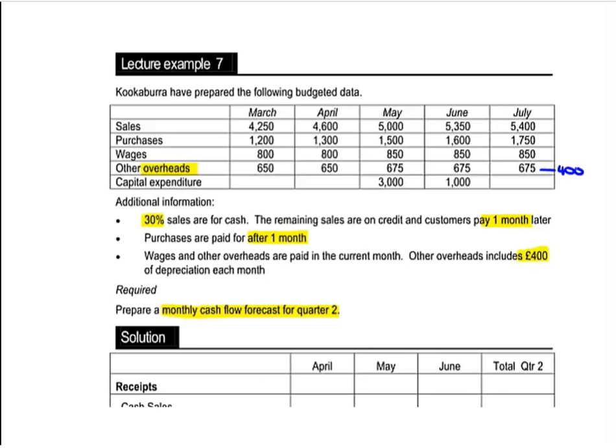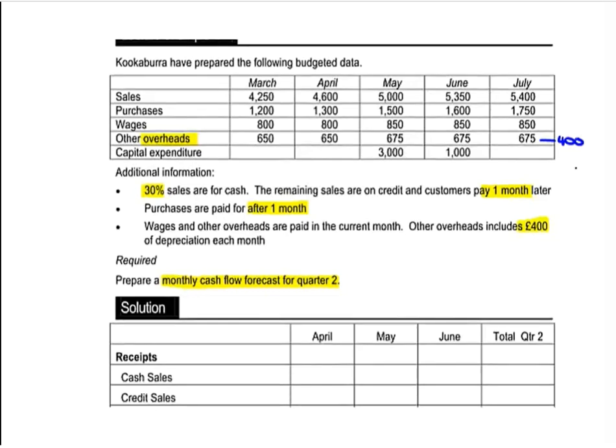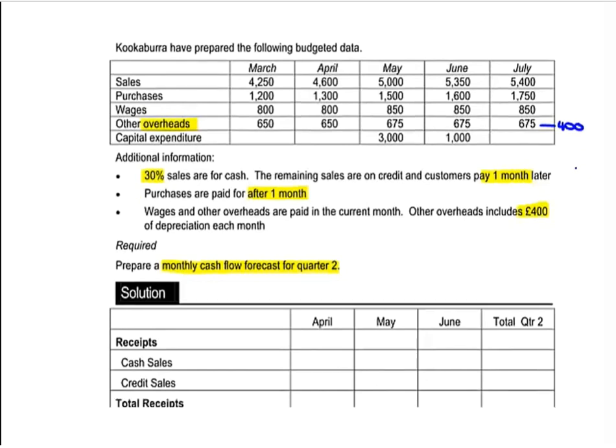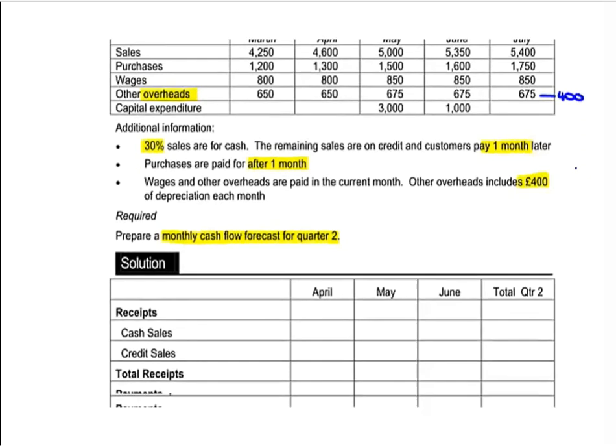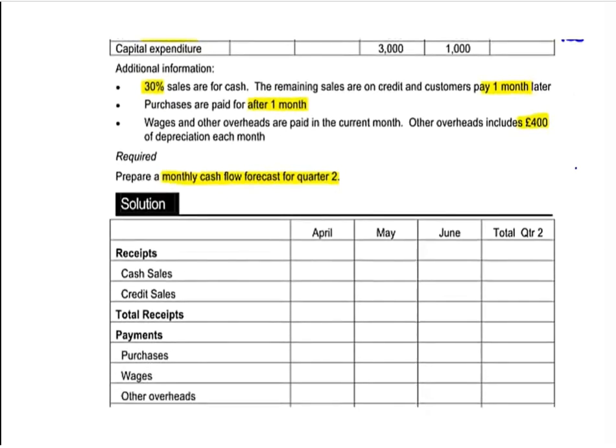So if we're starting off then with the easy numbers, wages then are going to be the most straightforward number because they're going to be paid in the current month. So the wages then for April are $800, the wages for May $850, and the wages for June are also $850. For other overheads, we're just going to also pay those in the month, but we need to strip out the depreciation.